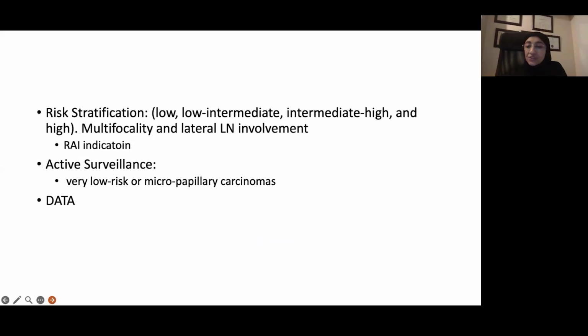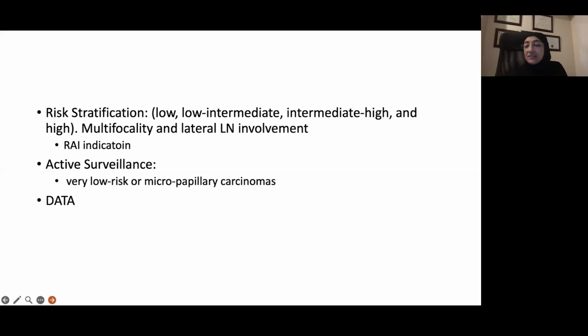So with the risk stratification, there came a new staging, dividing the intermediate class into low and high intermediate. And that is based on multifocality and lateral lymph node involvement. So the purpose for this further classification is to narrow the index for radioactive iodine and verify which patient will really benefit from radioactive iodine. Active surveillance, as we saw, is performed for very low risk or micropapillary carcinoma.